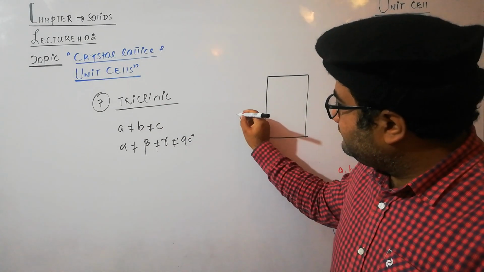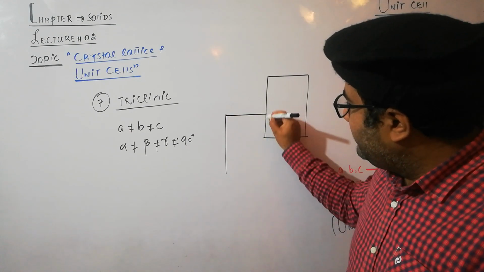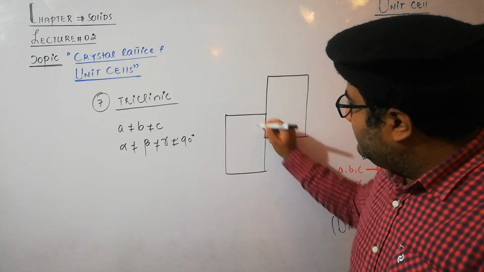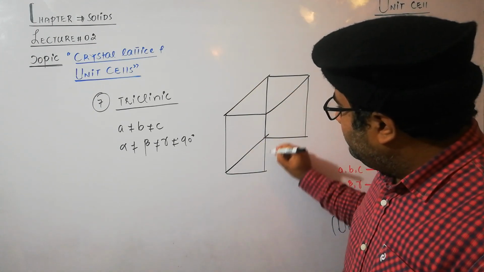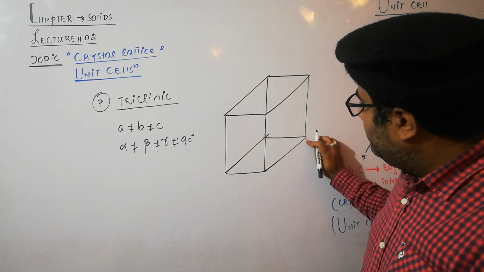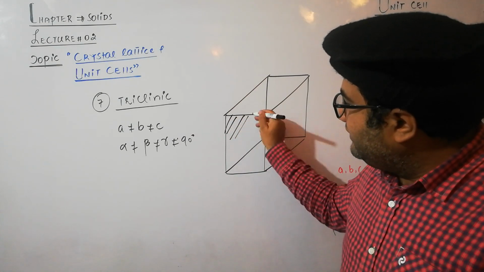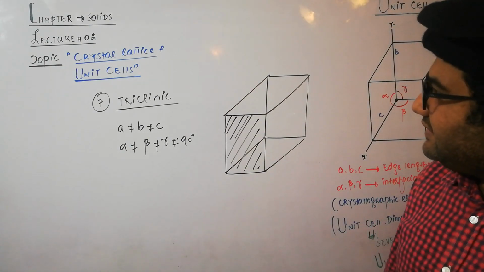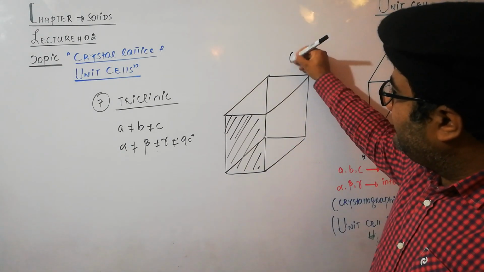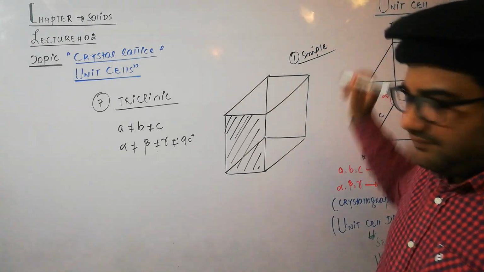And then make another rectangle like this and join them. So this one is the triclinic unit cell. How many Bravais lattices does it have? It has only one Bravais lattice, and that is the simple.